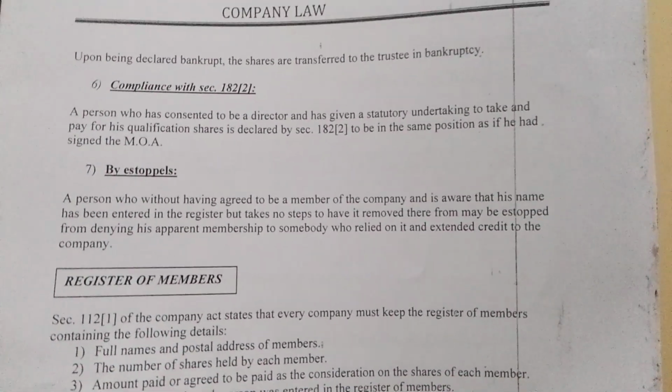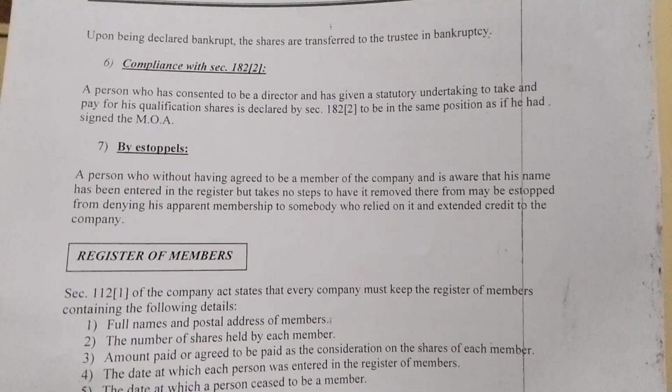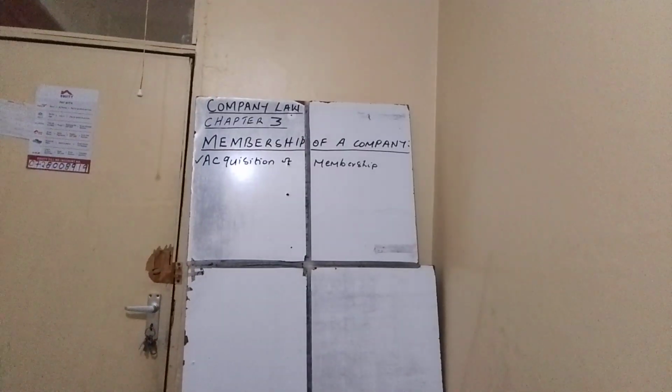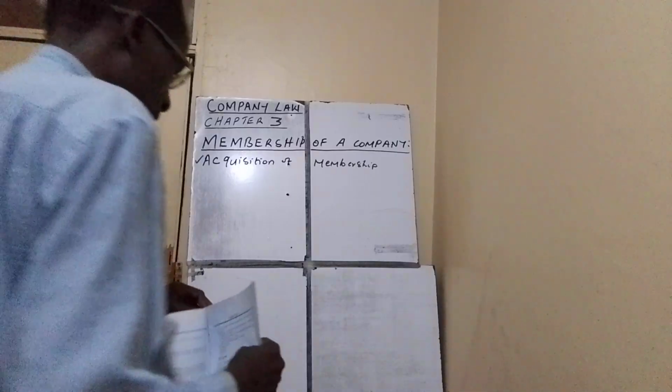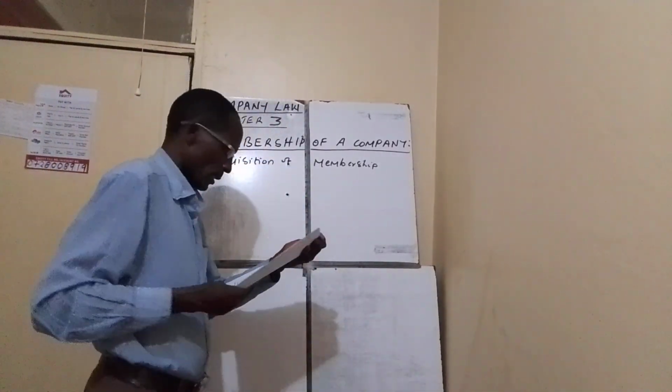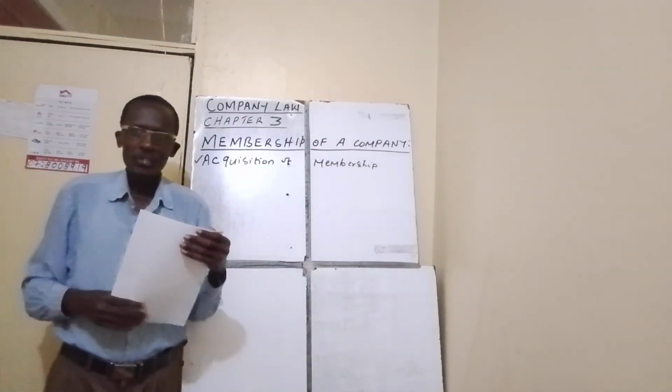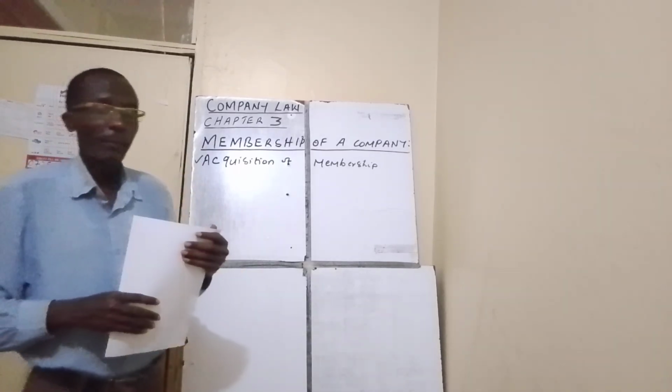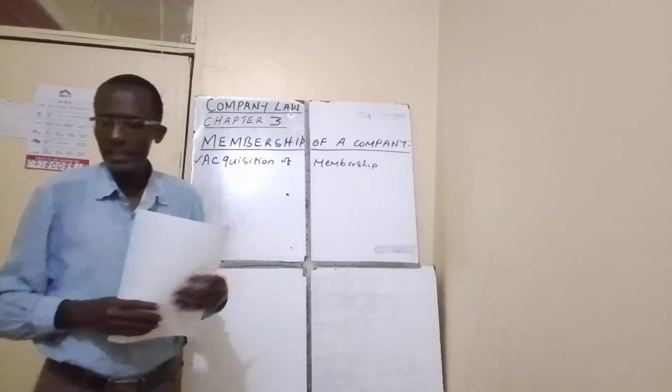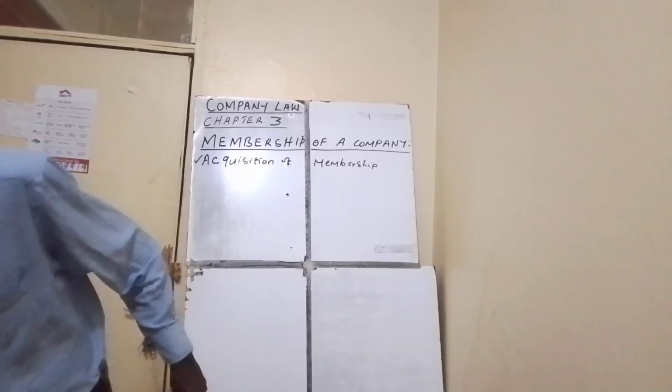So write that, and then we discuss the same. You can pause your video and go through that before we take up the discussion. Now, acquisition of membership. We've said membership or a member simply means a shareholder.